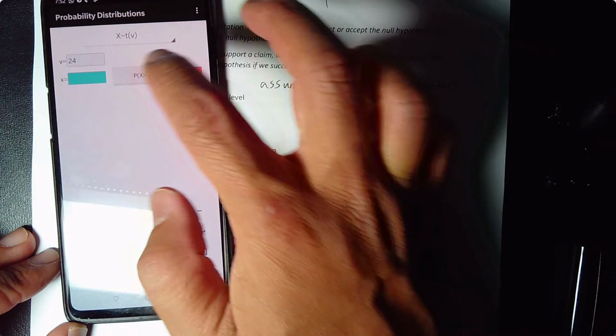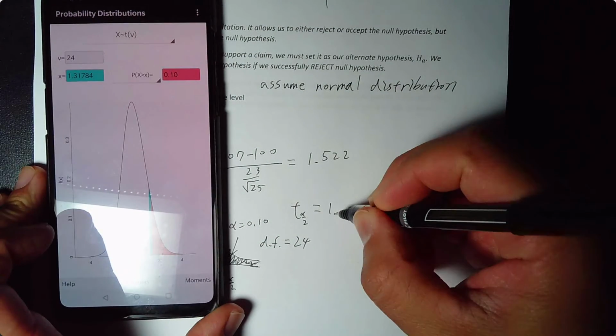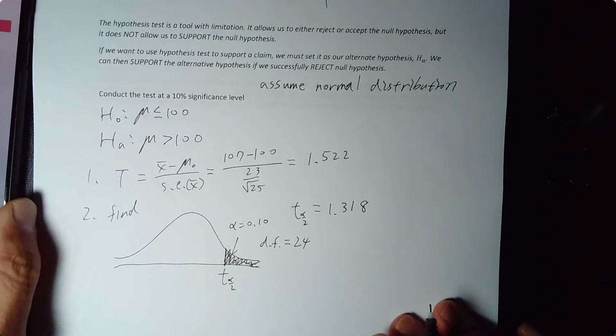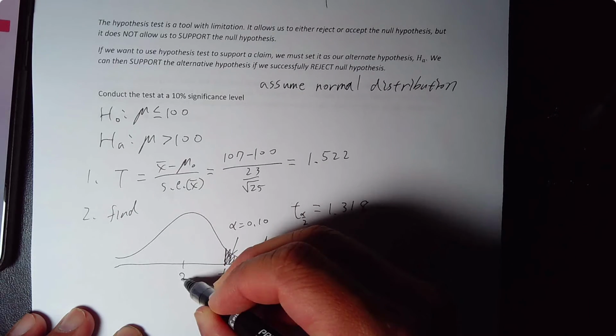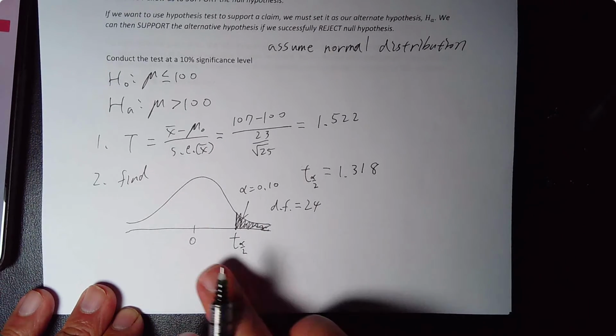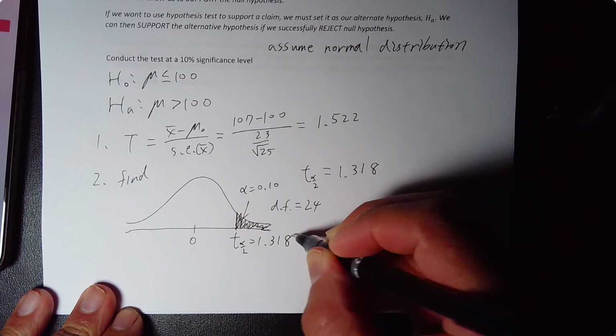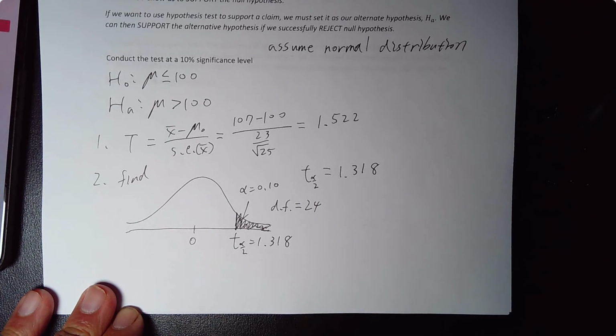Now I want it on the right. There we go, 1.318. All right, so my zero, remember my zero is there. Critical value equals 1.318. Where does my test statistic fall?